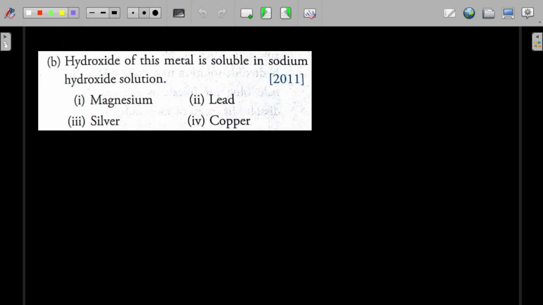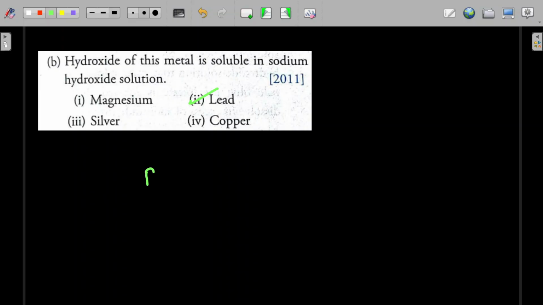Aryan, tell me the answer. Sodium hydroxide solution. Sodium hydroxide, lead. Lead. Correct. See, you have to be careful here. They have already given hydroxide of this metal.